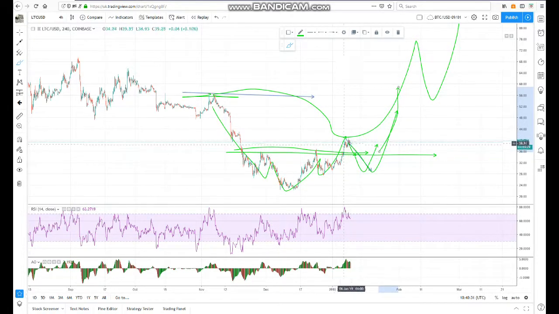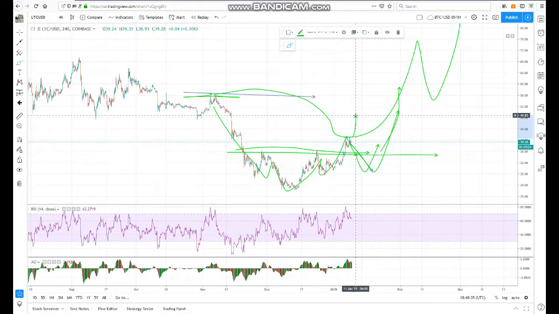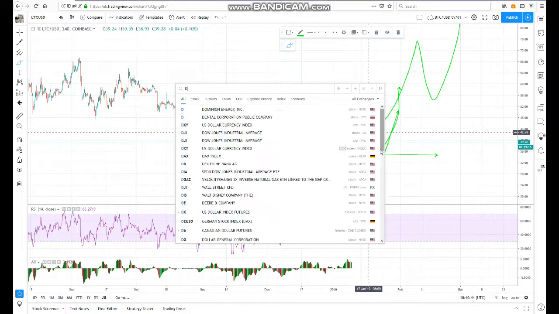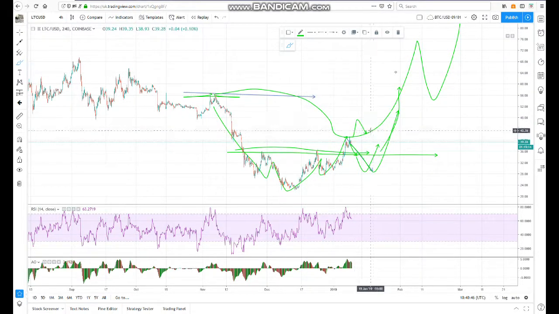Now we're consolidating, and we still can bounce higher. If we bounce higher, look for a pullback somewhere here, or maybe take some profits and wait until the price comes back to the neckline, because quite often you get retests to the neckline or the shoulder.